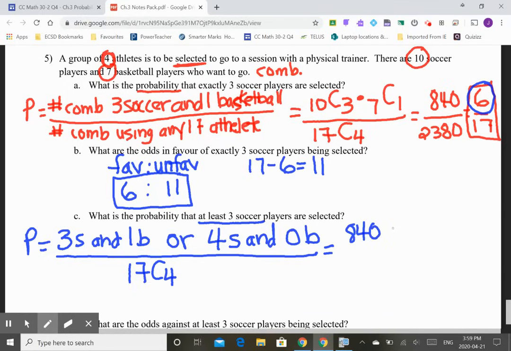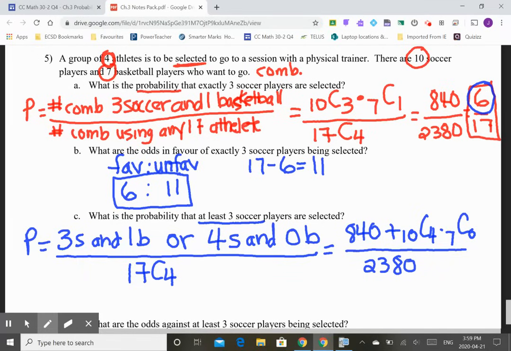I see the word or, and that implies addition, so I'm going to put addition in there. 4 soccer players and no basketball players means out of the 10 soccer players, I'm going to choose 4 multiplied by out of the 7 basketball players, we are going to choose 0 of them. In the denominator, we have 2,380, which just comes from calculating 17 choose 4.